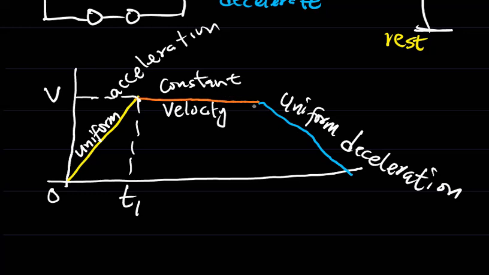From t1 to this point, let me call it t2, the object is still having the same, constant velocity. That means from t1 to t2 the object does not have any acceleration at all, because the velocity is constant. Then from t2 to t3, the speed of the object reduces, so the object decelerates to rest. This graph shows the complete motion of this object.